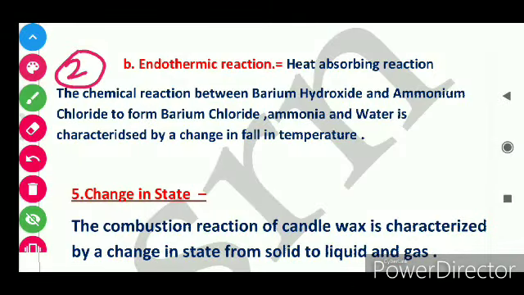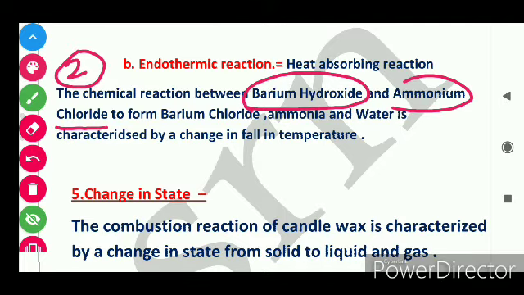The second example of change in temperature in a chemical reaction is the reaction between barium hydroxide and ammonium chloride to form barium chloride, ammonia and water.